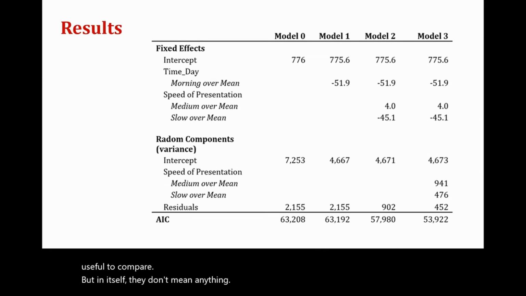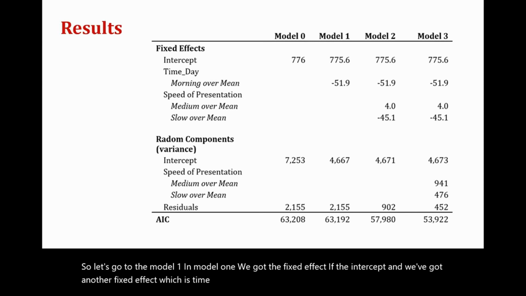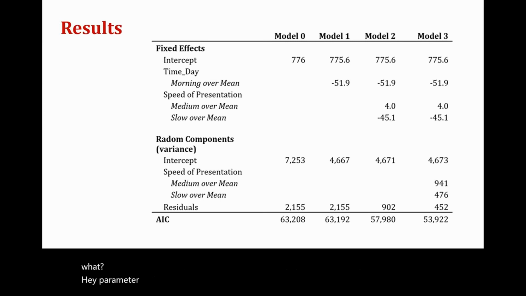So let's go to model 1. In model 1 we got the fixed effect, the intercept, and we've got another fixed effect, which is time of the day. And the parameter that is presented there is how the morning condition compares to the mean of the two conditions.